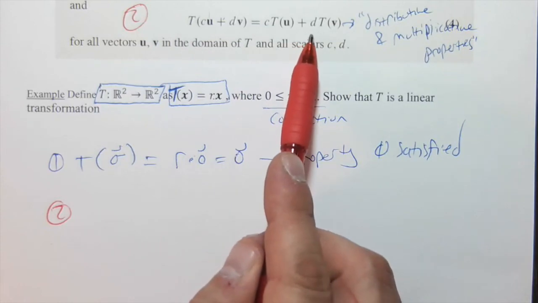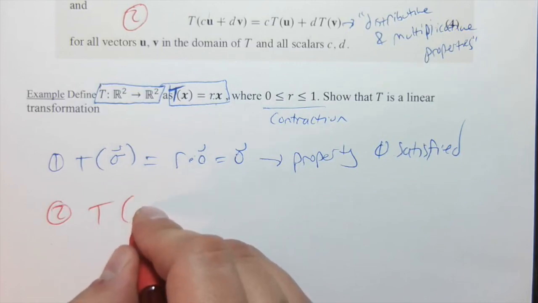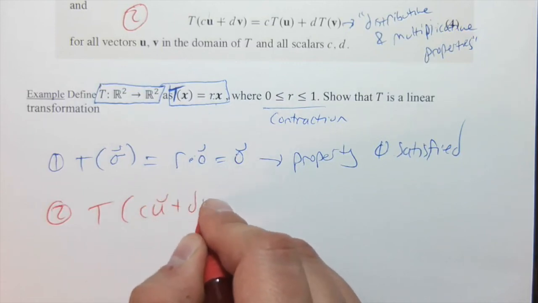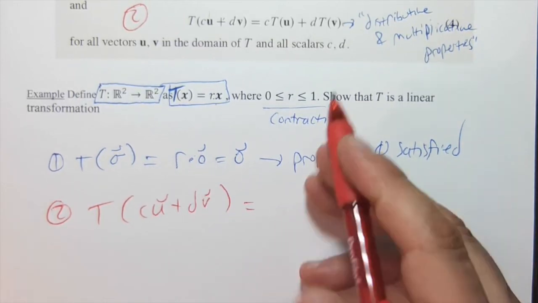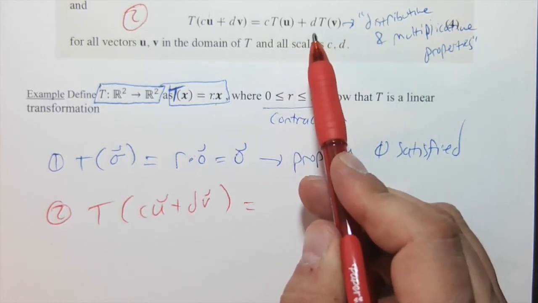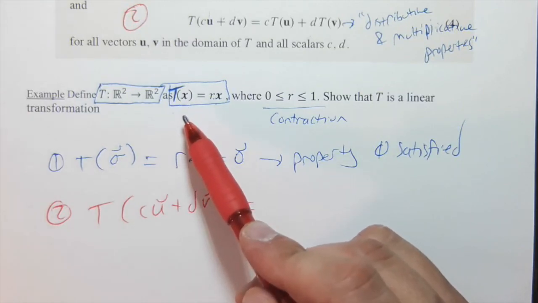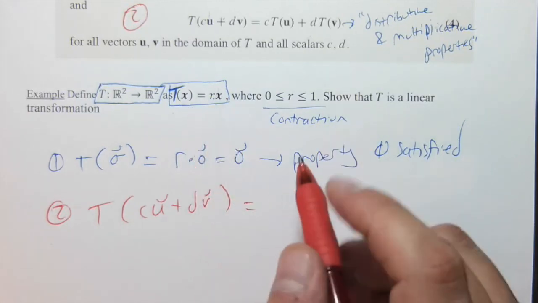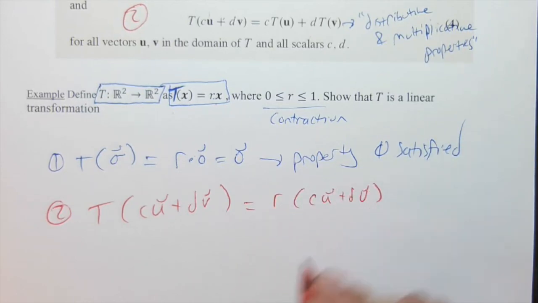The second property is the distributive one, right? And so let's show that when you apply this transformation to a linear combination of u and v, cu plus dv, it actually satisfies this property. This mapping tells us when you want to apply the transformation to a vector, just multiply by r. And so this becomes this. We're just following this instruction here and multiplying by r.